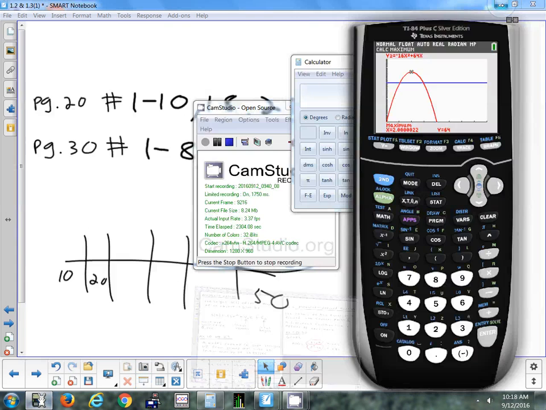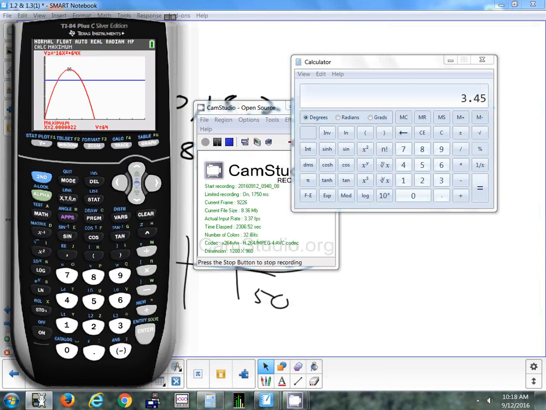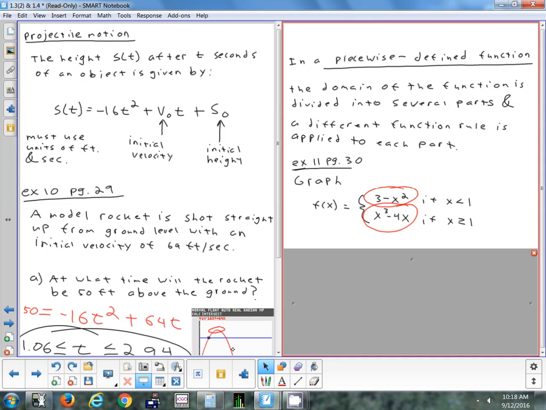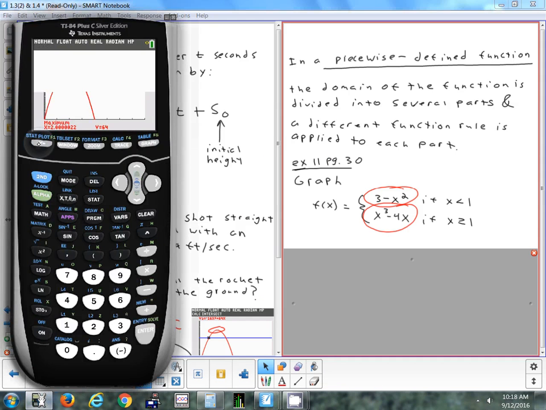All right, and the way we're going to graph it is very similar to how we graph other functions, except we need to put it in parentheses. Okay, so I'm going to graph the top one in y1, put it in parentheses, and then next to it, I'm going to type in this condition.